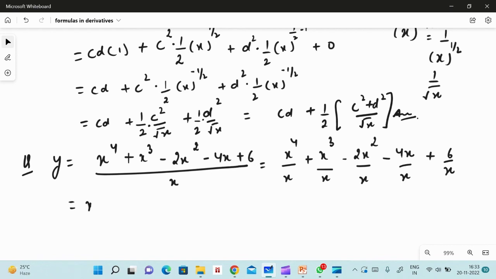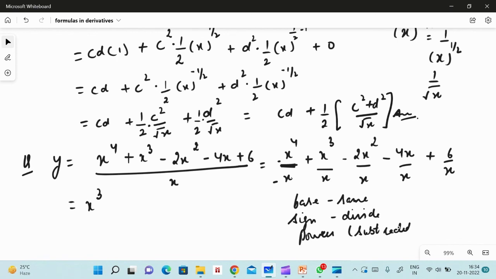Or I can write it like this: x power 3, right? If the base is same and the sign is divide, then the powers will be subtracted. This is a basic mathematics rule.